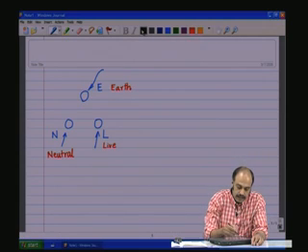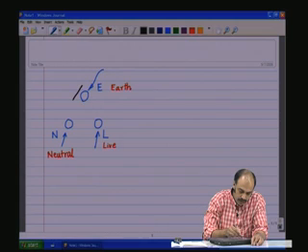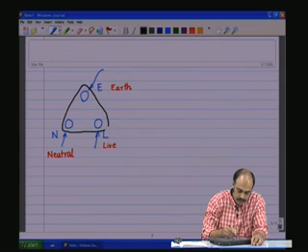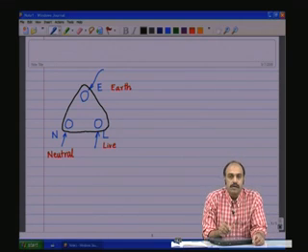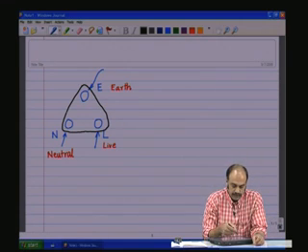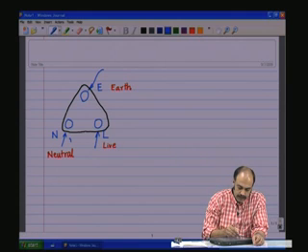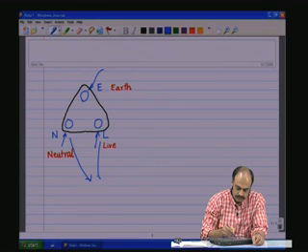So, this in general is how almost all of the sockets are wired. You have the live, you have the neutral, and you have the earth. Between the live and the neutral is where the load is connected.